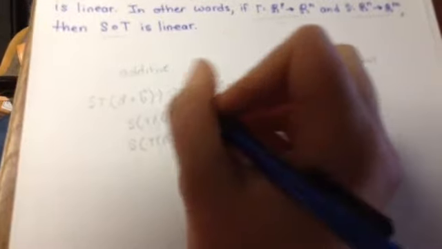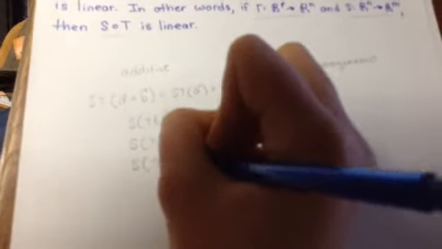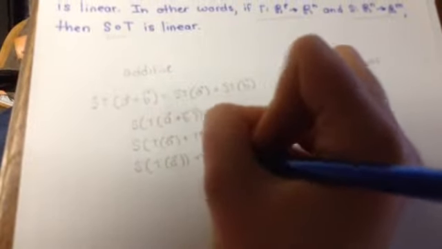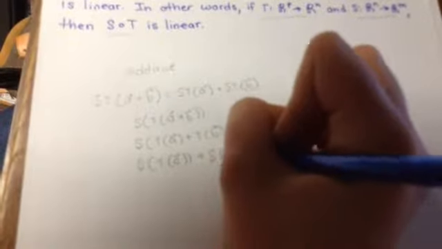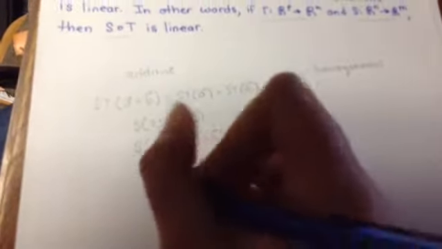So we're just basically distributing this among the T's, and then we can go further with this by saying the same thing for S. And then this is the definition of a composition.